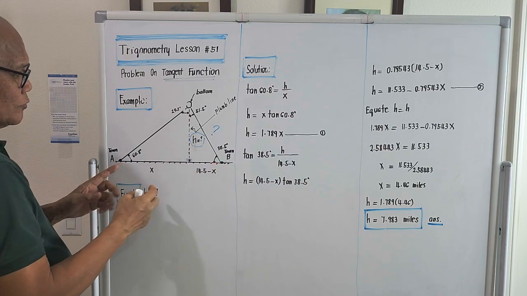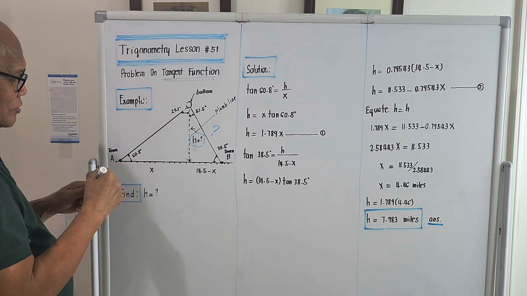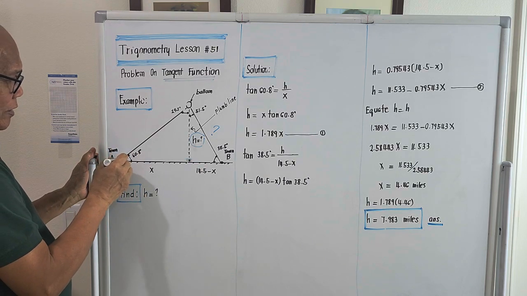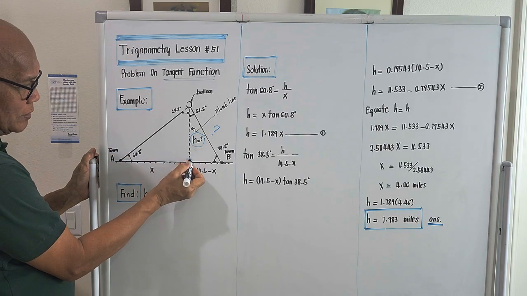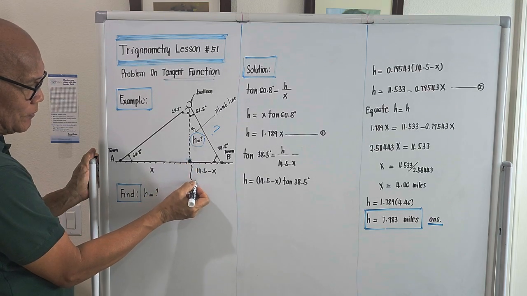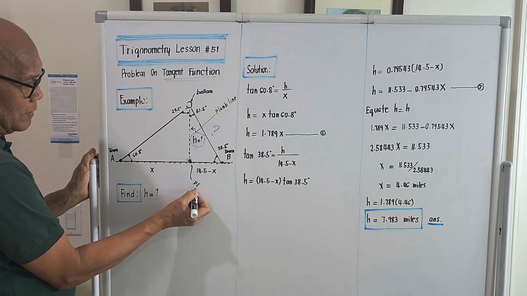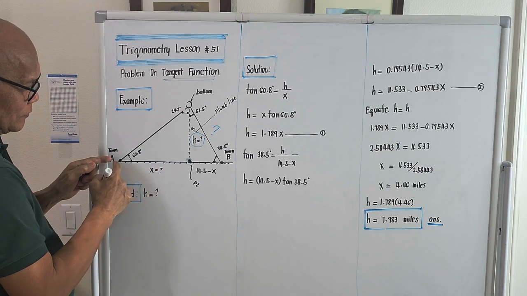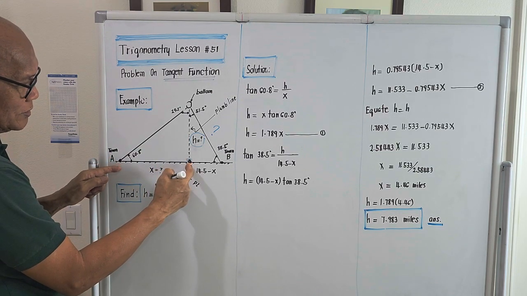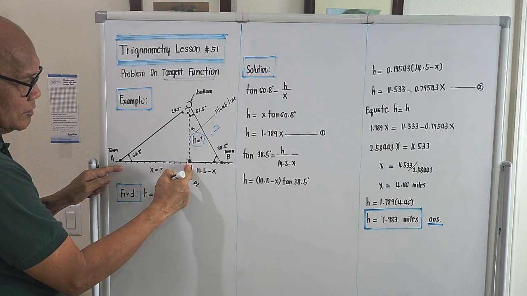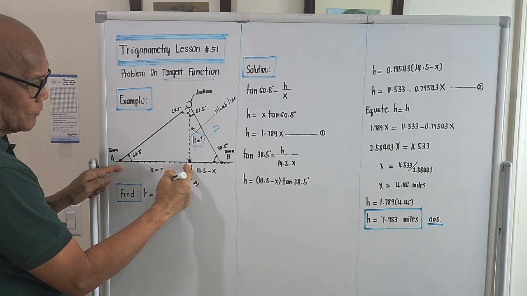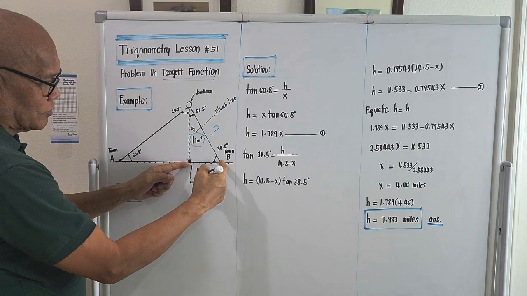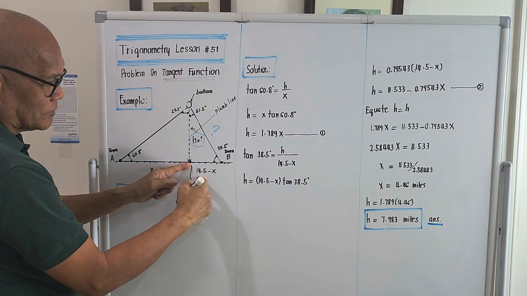For the meantime, we will designate the distance from town A to the drop point of the plumb line as x. From this point to this point, we designate that as x. So if this is x, this distance here should be 14.5 minus x.